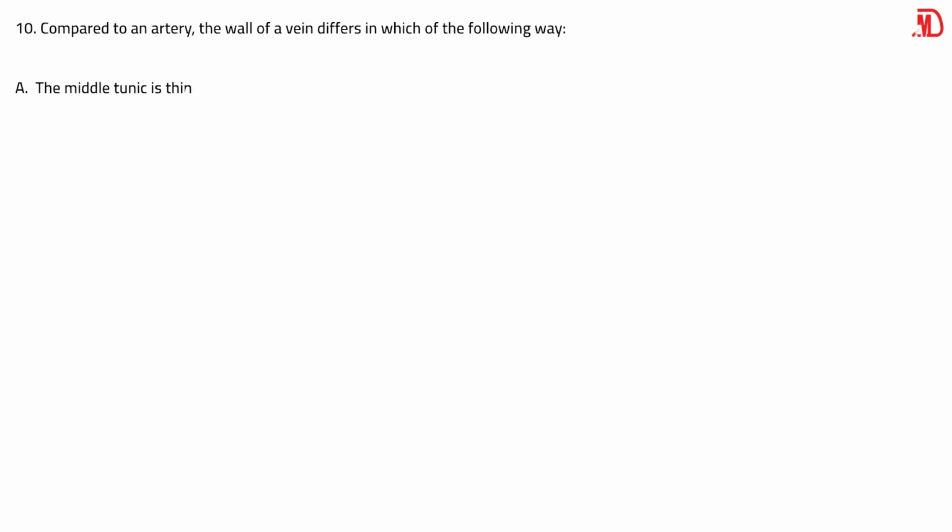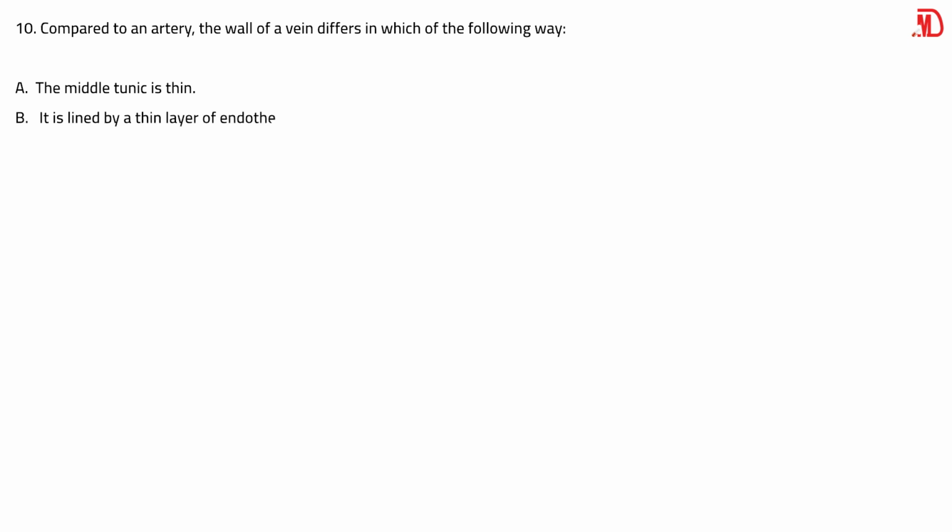Question 10. Compared to an artery, the wall of a vein differs in which of the following way? A. The middle tunic is thin.